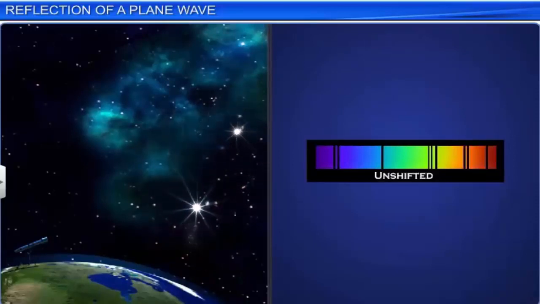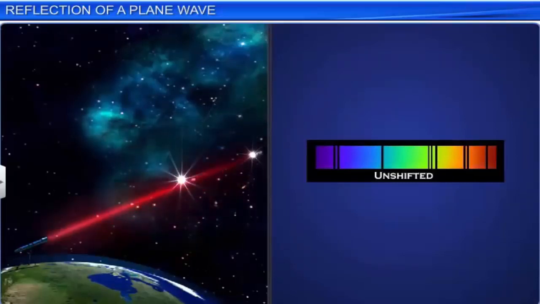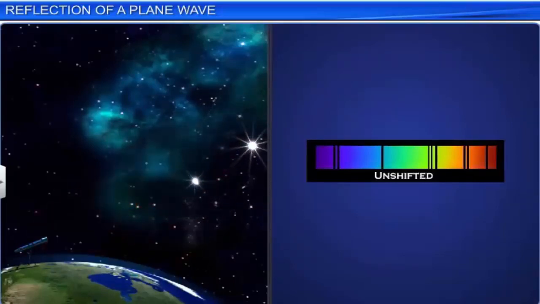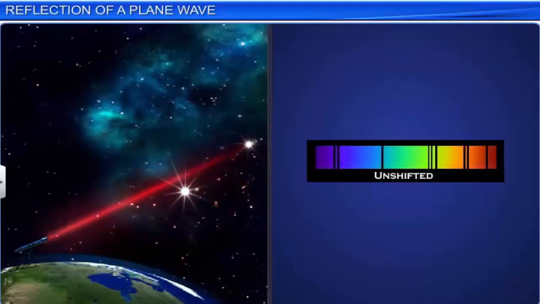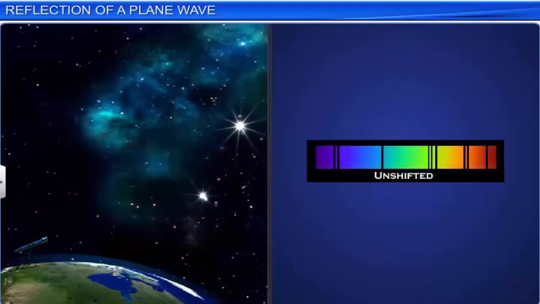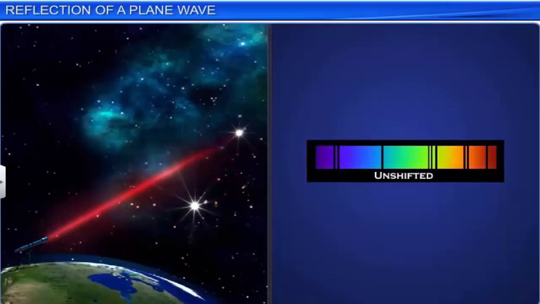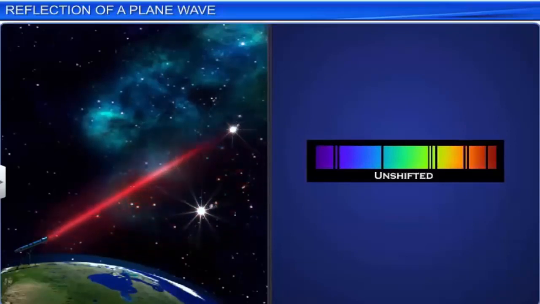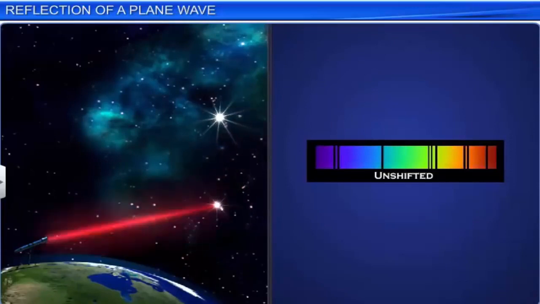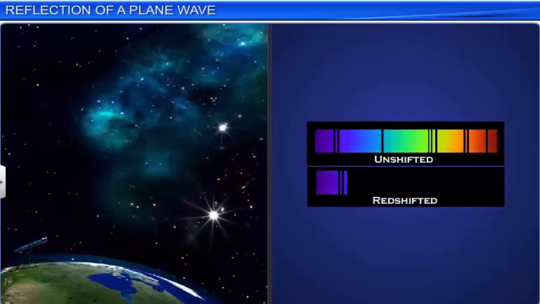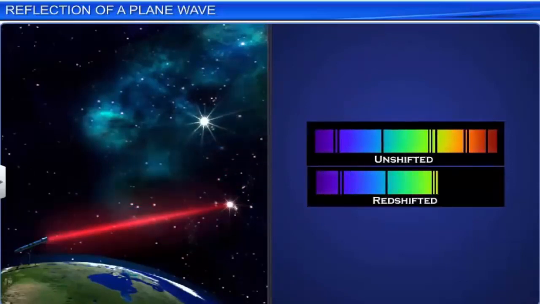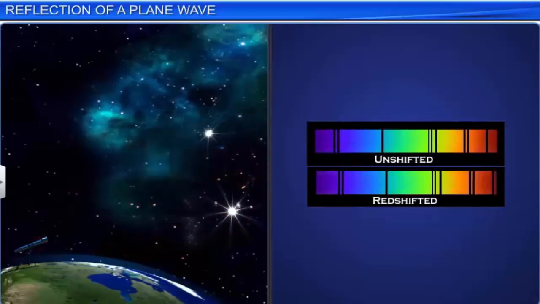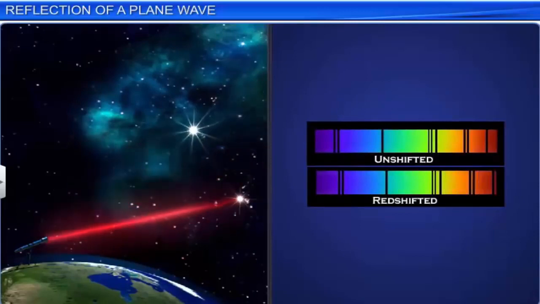If a star is moving away from us, there is an apparent increase in the wavelengths due to the Doppler effect of light, and hence the whole pattern of the spectrum gets shifted towards longer wavelengths. This is called the red shift. Our universe is continuously expanding. The astronomers have found an experimental proof for this in the red shift.